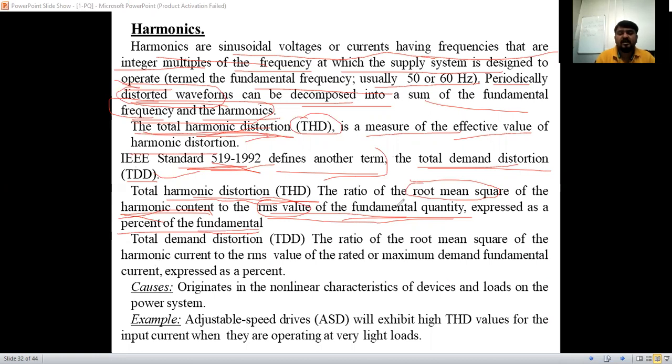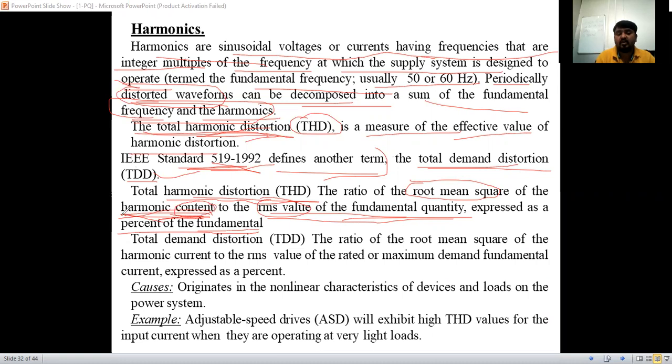Next one. Here they have not mentioned voltage and current. The THD, total harmonic distortion, is the ratio of the root mean square of the harmonic content, and they have not used any word for voltage or current here.